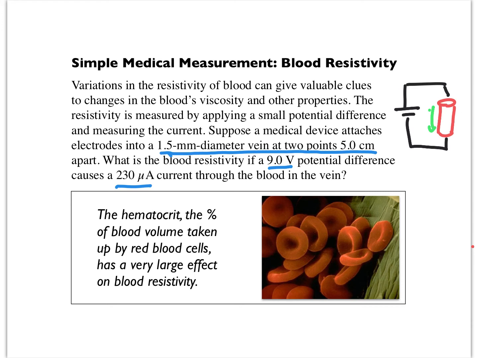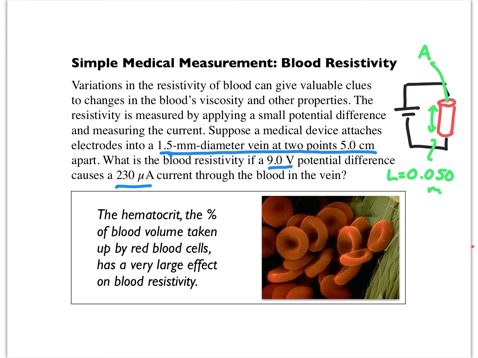We've got a length of the conductor, which is 5 centimeters long, 0.050 meters. I can compute the cross-section area as well because I know that this thing is 1.5 millimeters in diameter. I can use that to find the area. I know the length. I know the area.